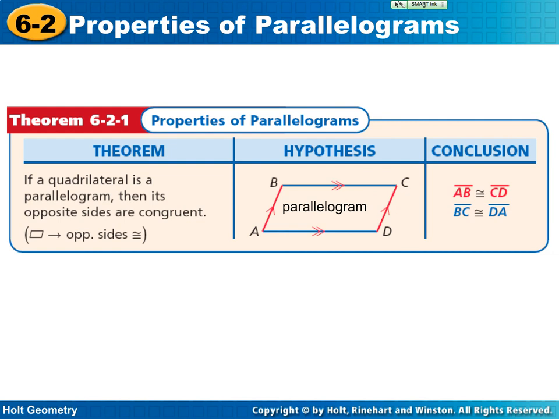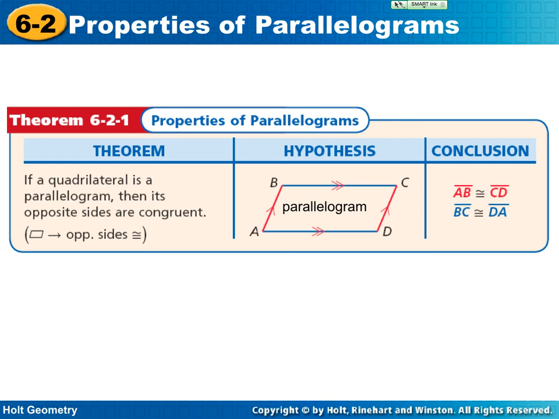Okay, our theorems. Some of the things that you just looked at are in the form of a theorem. Theorem 6.2.1: If a quadrilateral is a parallelogram, then its opposite sides are congruent. So the hypothesis is you have to have a parallelogram. Anybody not here to get the packet of notes?